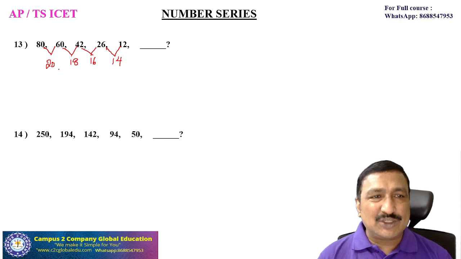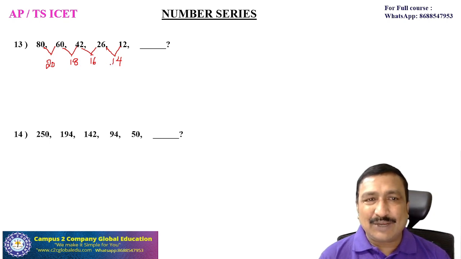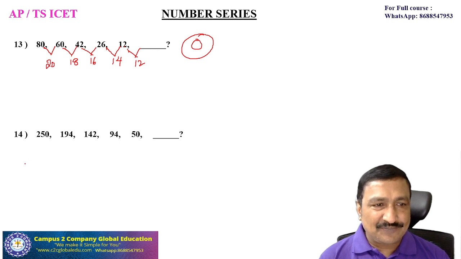So by looking at this, it is a decreasing series by even numbers. 20, 18, 16, 14 are the even numbers. So next, how much should be decreased? 12 should be decreased. So 12 minus 12 is equal to how much will come? 0 will come. So the answer for this question is 0, friends.